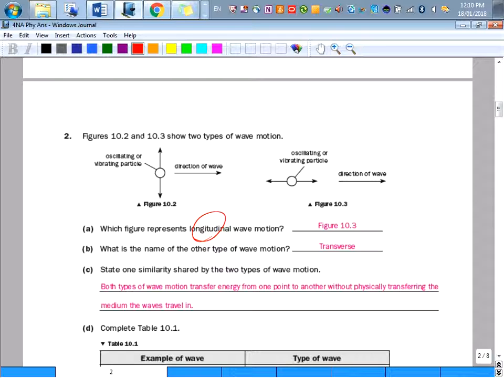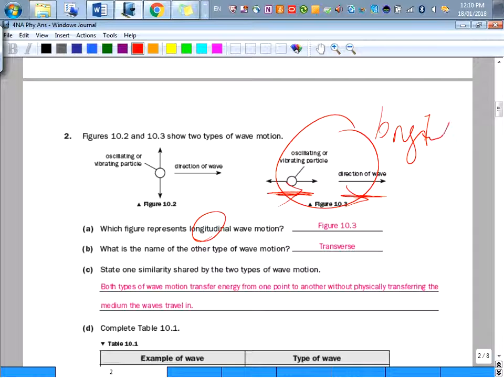That is the only longitudinal wave that you need to know in your syllabus. And in a longitudinal wave, the particles oscillate parallel to the direction of the wave. See, they are parallel. So this one is longitudinal. Whereas this one, vibrating up and down, but the wave is traveling to the right, they are perpendicular. So this is transverse.